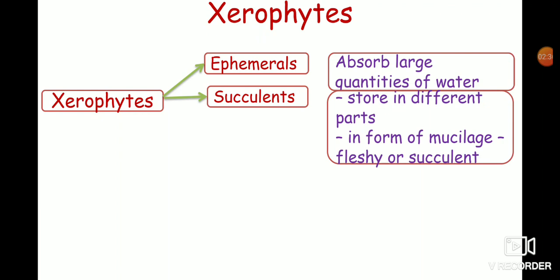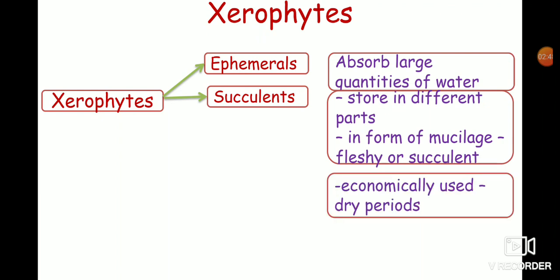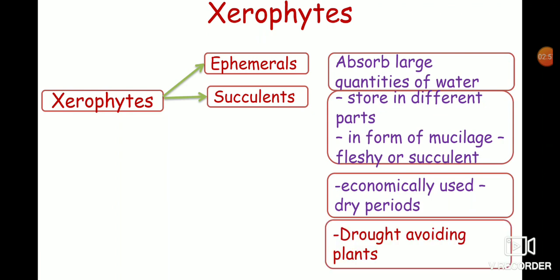Storage of water is an important precautionary measure for this plant. This stored water is used very economically during drought period. Succulents suffer dryness only externally, hence they are called drought avoiding xerophytes.